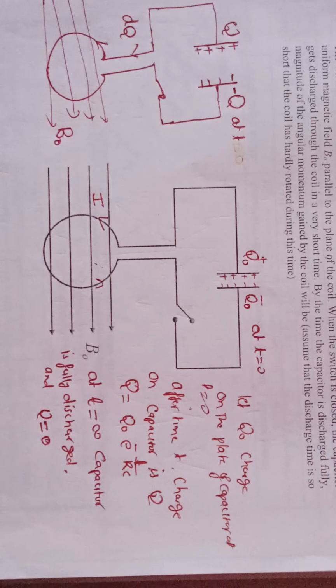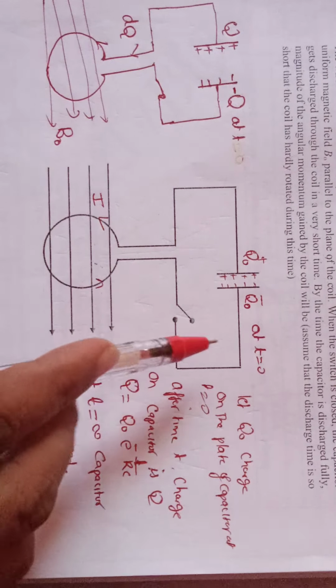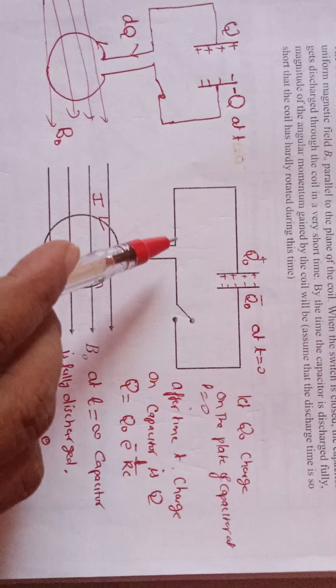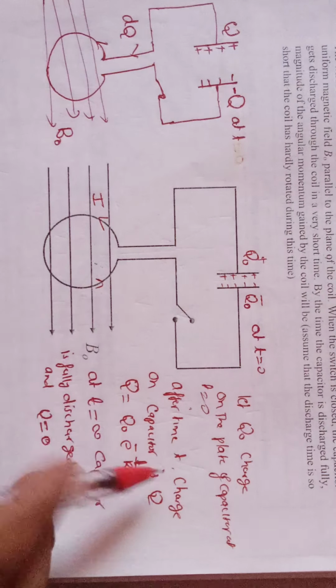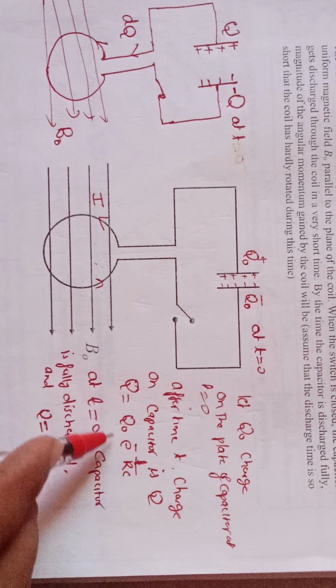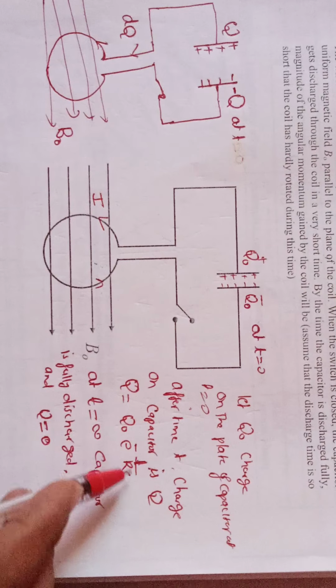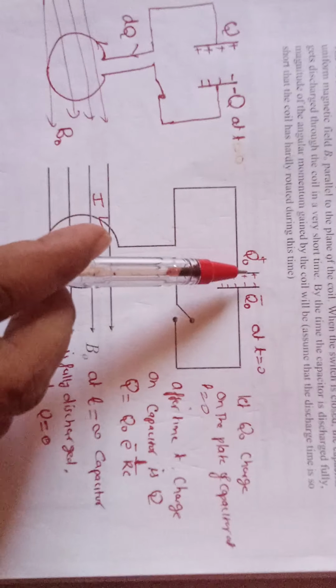Then when the switch is closed, charge starts to flow in the coil. Suppose after time t, the charge on the capacitor is q, then this is given by q equal to q naught e raised to minus t upon RC. At t equal to infinity, the capacitor is fully discharged, and at that time q equal to 0, meaning the charge on the capacitor becomes 0.